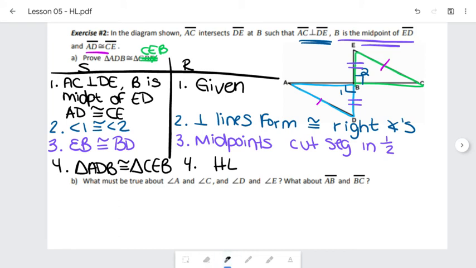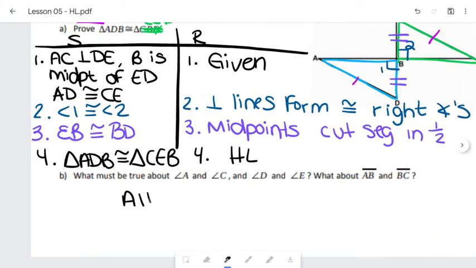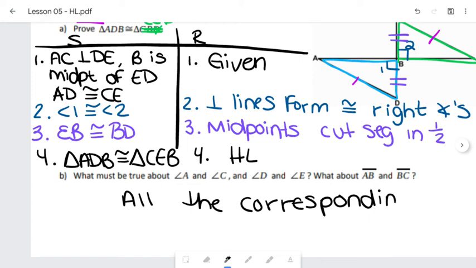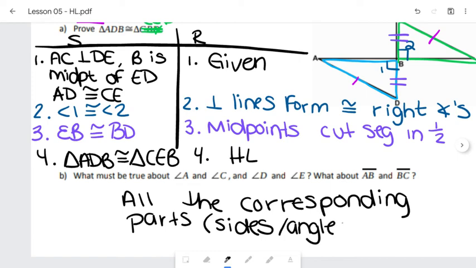So we know all the corresponding parts, the sides and the angles is what I mean by the parts. And they're congruent. Okay? So all the corresponding parts, the sides and the angles are congruent.